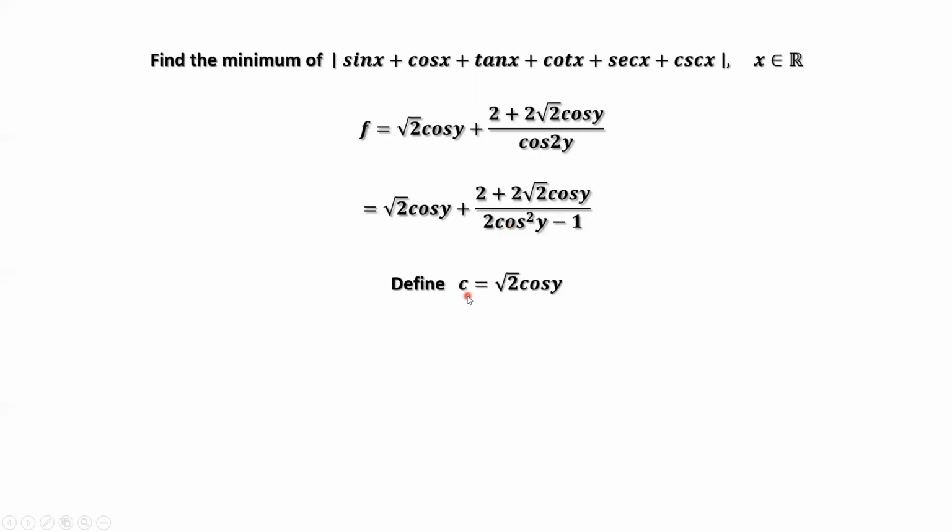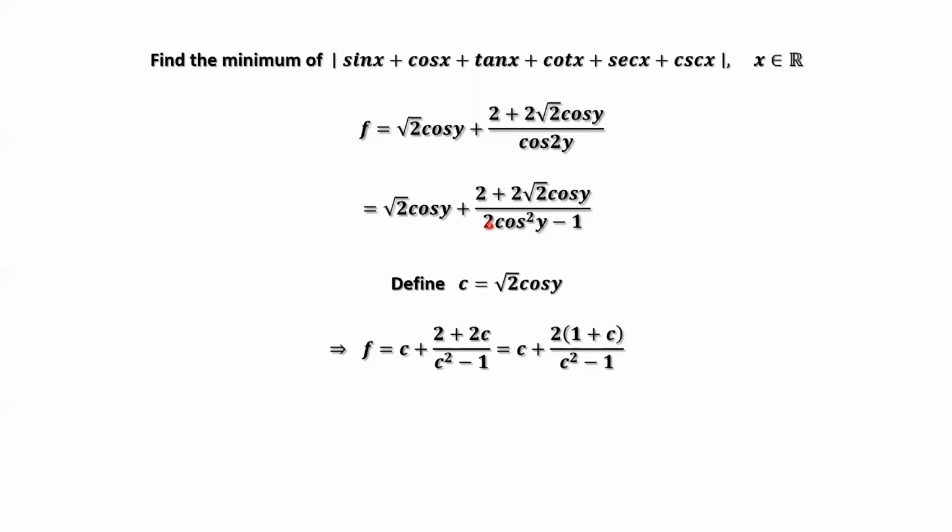We can define c as square root of 2 times cosine y. From here to here, we use the double angle formula: cosine 2y equals 2 cosine squared y.